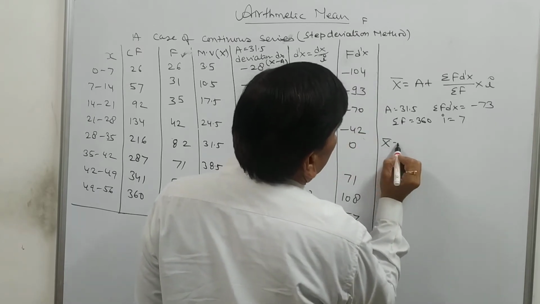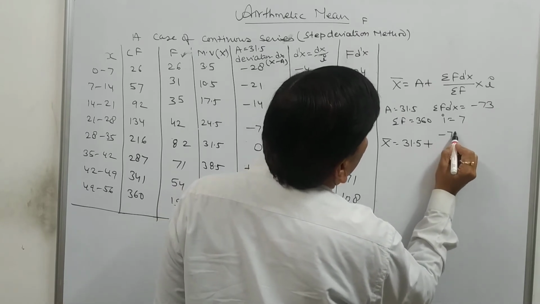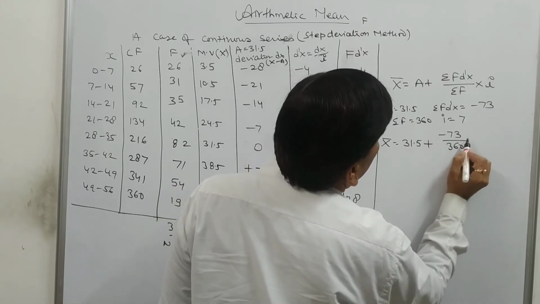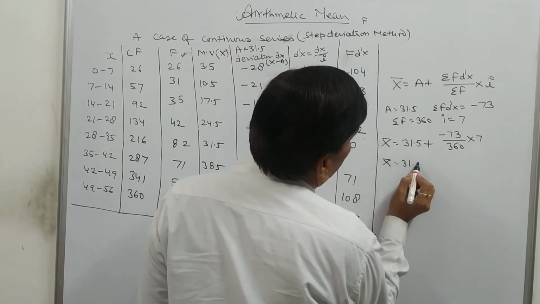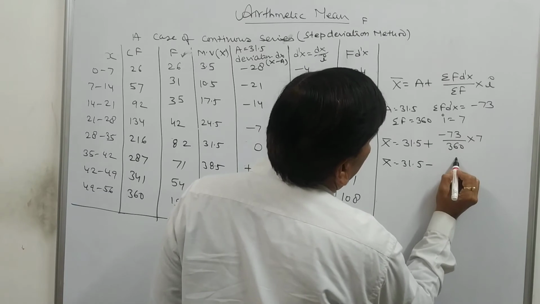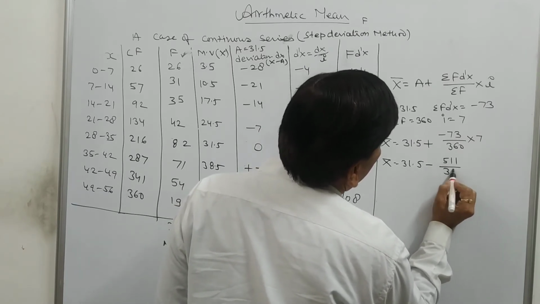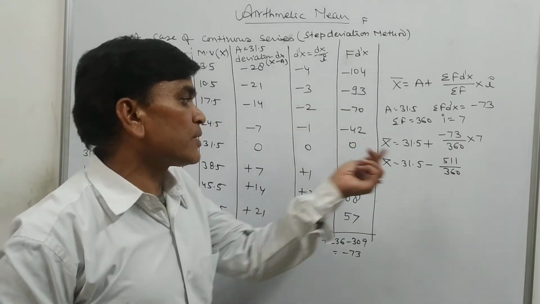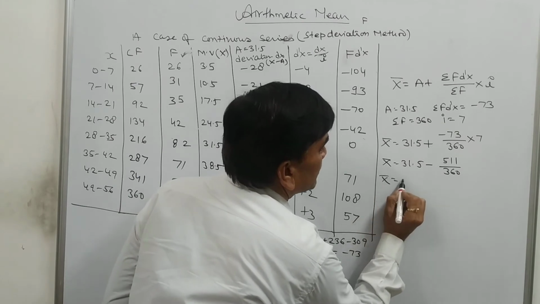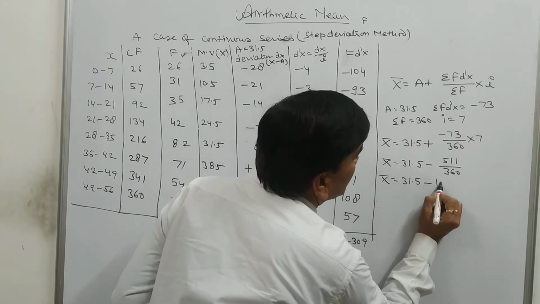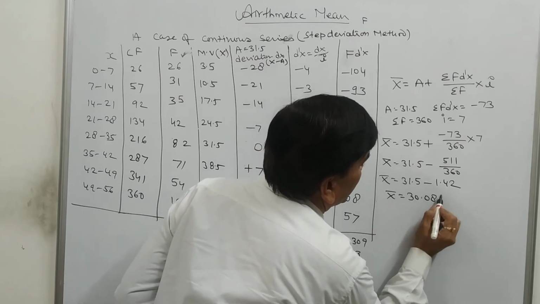So x bar is 31.5 plus minus 73 divided by 360 multiplied by 7. So x bar is 31.5 minus 511 upon 360. Already in the previous question also we had minus 511 upon 360. So x bar is 31.5 minus 1.42. So x bar will be 30.08.